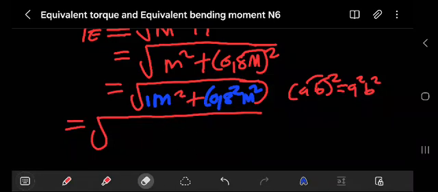Adding that, we have 0.8 squared plus 1, which will be 1.64. Now this must reduce; let me reduce this square root, because this thing is too long.